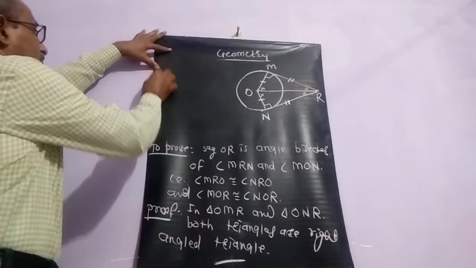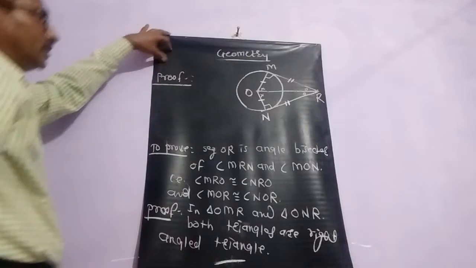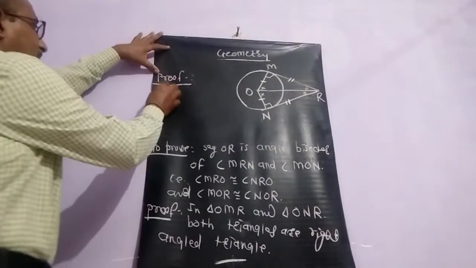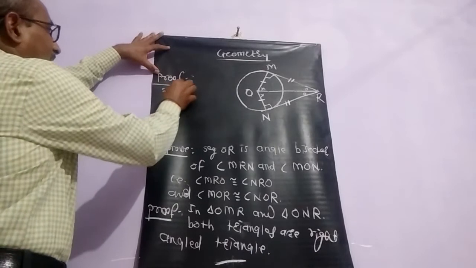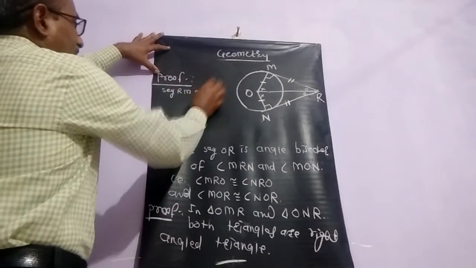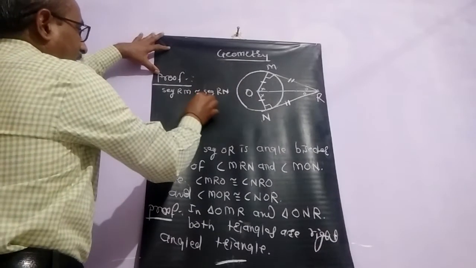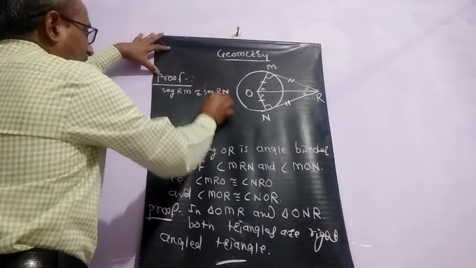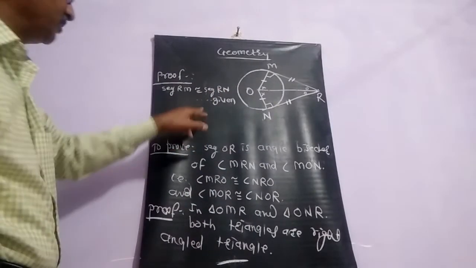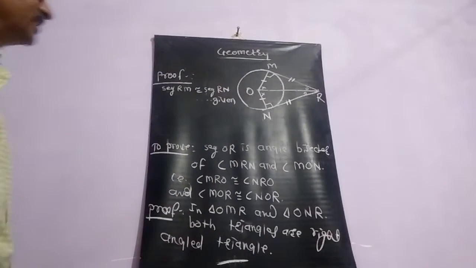So proof: segment RM congruent segment RN. Here we have to give the reason. गिव्हन मध्ये दिलेलं आहे आम्हाला. गिव्हन मध्ये दिलेलं आहे RM is equal to RN because they are tangent segments.